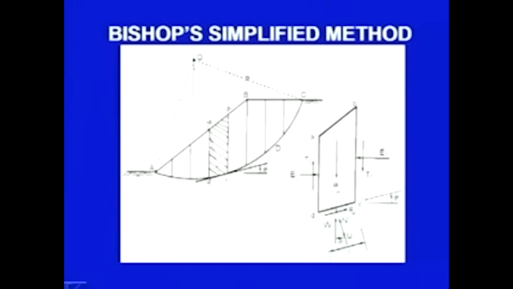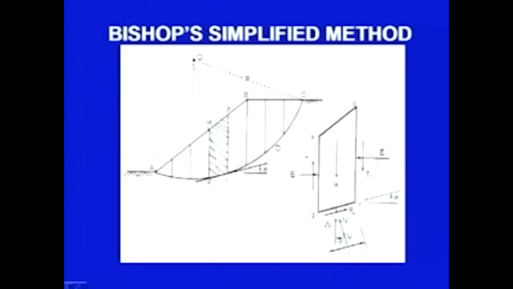So, W, the weight of the slice, is acting in the downward direction, and on the right hand side, the side force along the surface is acting in the downward direction. On the left hand vertical face, this force will be acting in the upward direction. Let us say it is T2 here and T1 here.